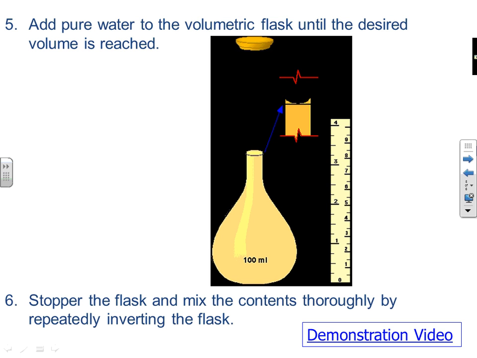All right. So these are the last two. Add pure water to the volumetric flask until the desired volume is reached. So you'll add it, and we're going to add it very carefully when we get to the end, right? So you're going to have a funnel, and you can pour some in from a beaker, but then when we get to the end, you've got to add it very carefully, all right?